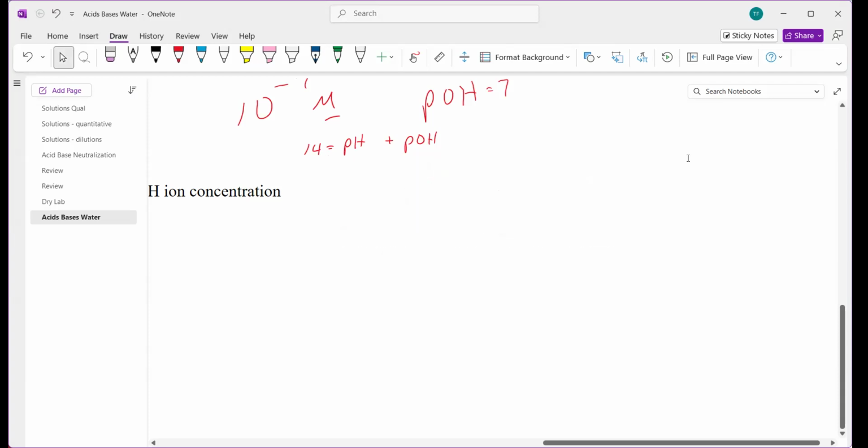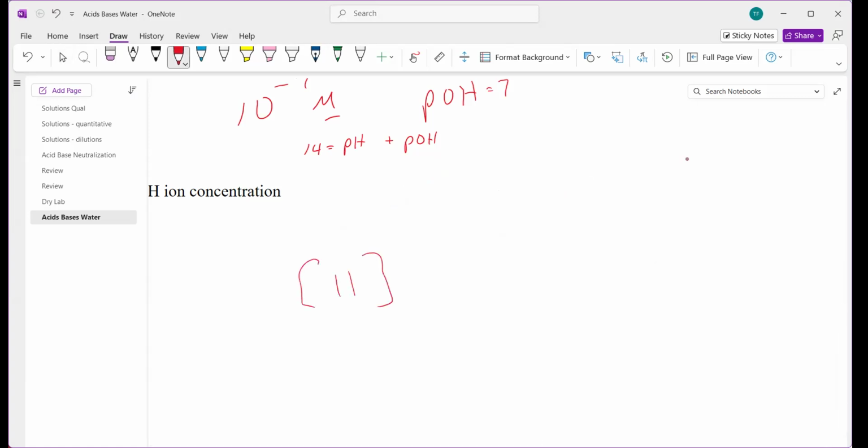Remember now, square brackets is a shorthand way of writing concentration in moles per liter.